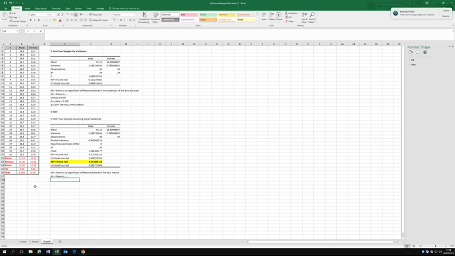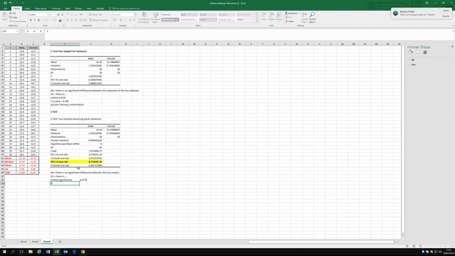Obviously you should write that out fully. So our critical significance value is again p equals 0.05, and so we're assessing our p-value to see if it is less than that.